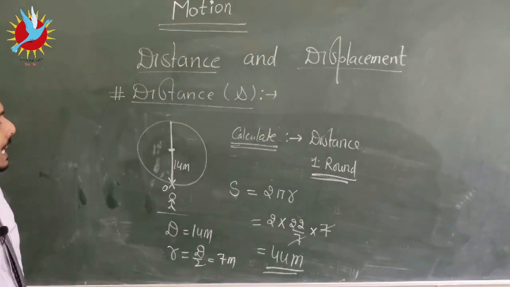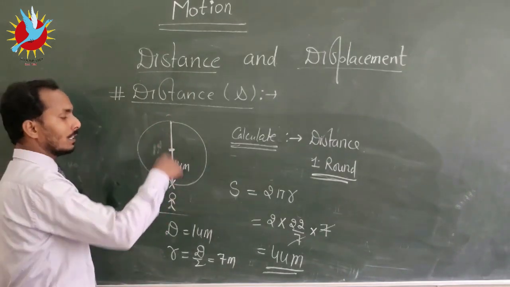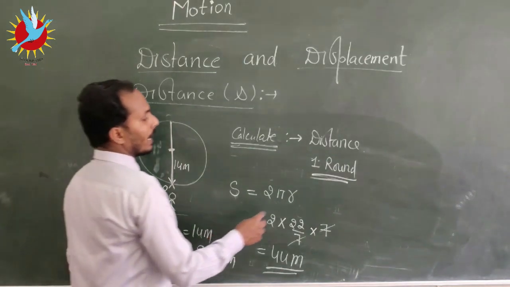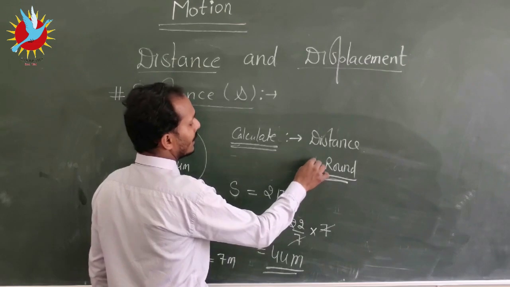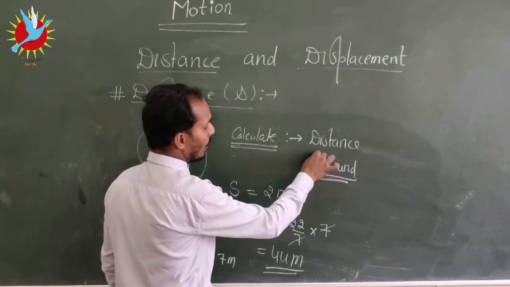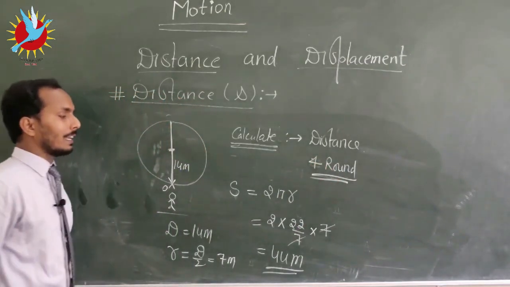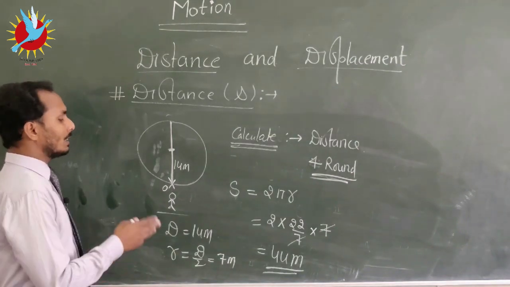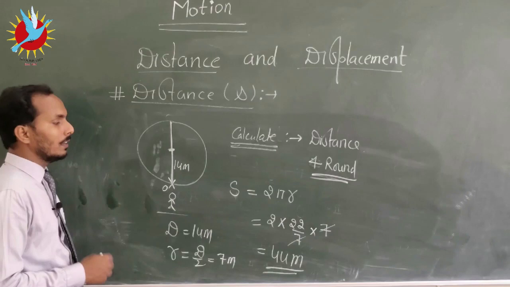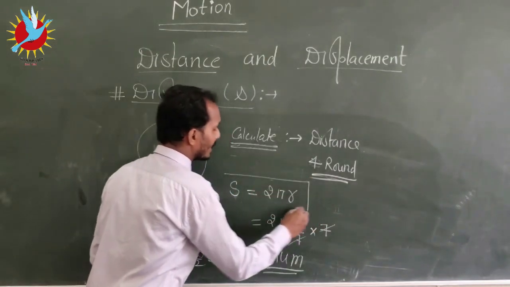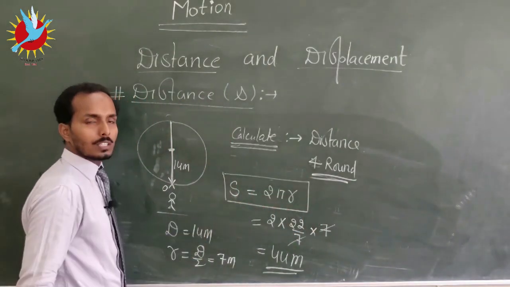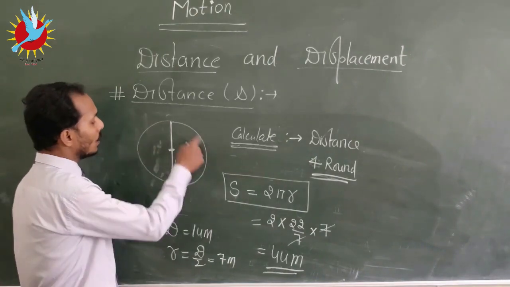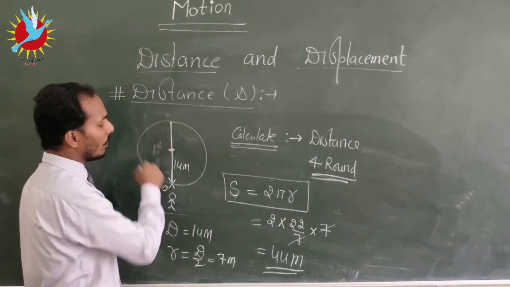If there is a circular track of 14 meter diameter and the athlete covers 4 rounds, how can you calculate the distance? Firstly, calculate the distance of one round. What is the meaning of 4 rounds? 4 rounds is 1, 2, 3, 4.